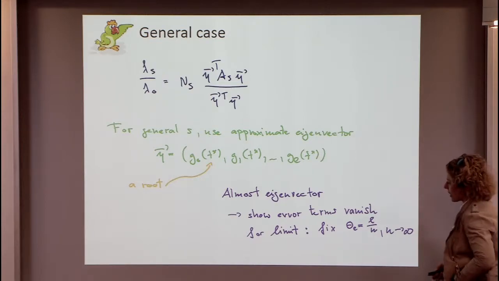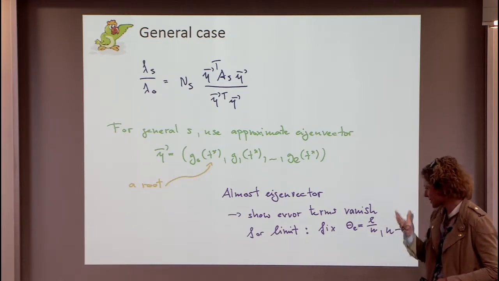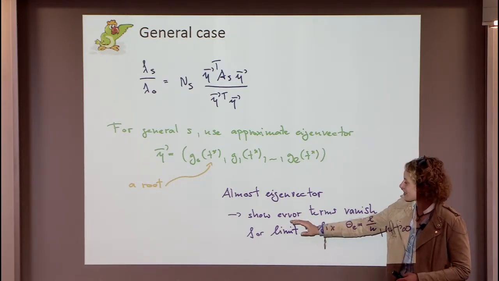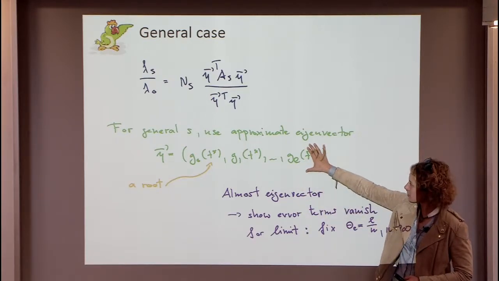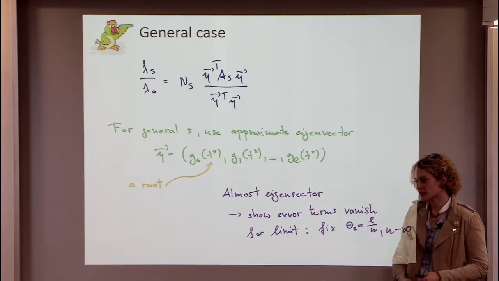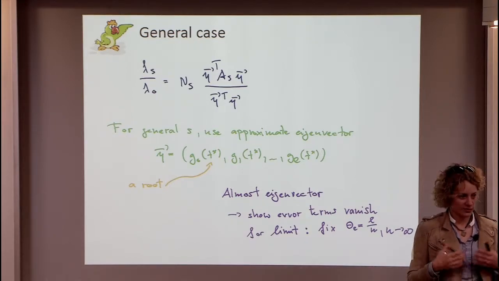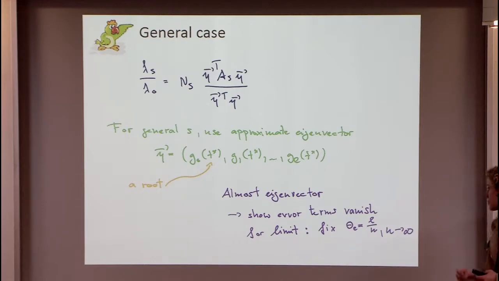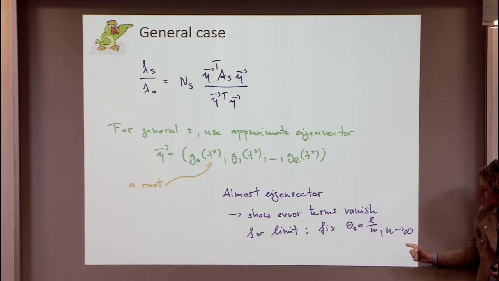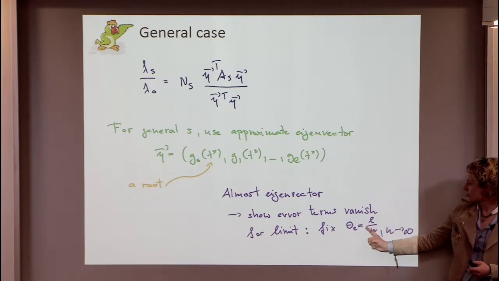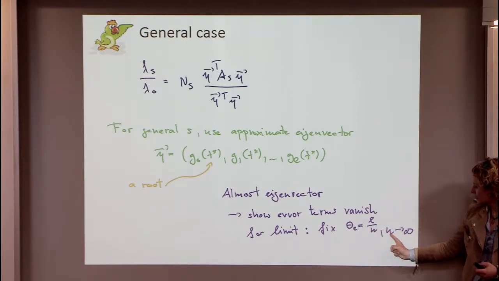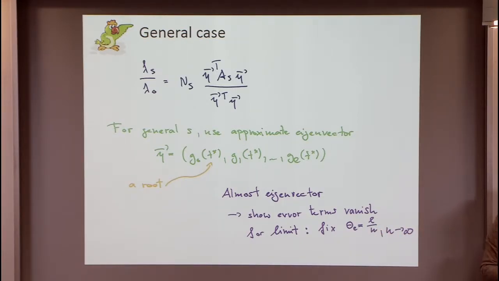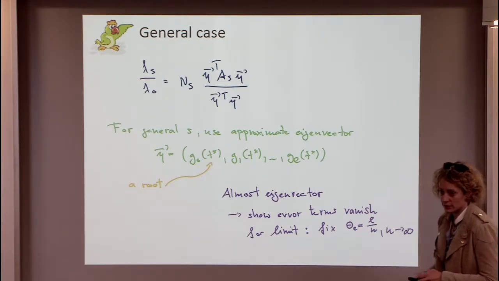And for the general case, this is where things become a little bit more interesting. Because this will only be an approximate eigenvector, one has to show that there are these fudge terms, it's not quite an eigenvector, there will be some error terms at the end, and that these error terms actually vanish. And the limit that we're going to consider here is we fix L over n, and we take the limit of n going to infinity. So remember, n was the dimension of the sphere, L was the level of the hierarchy.